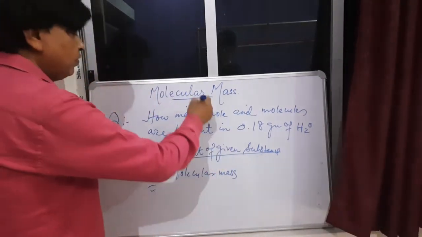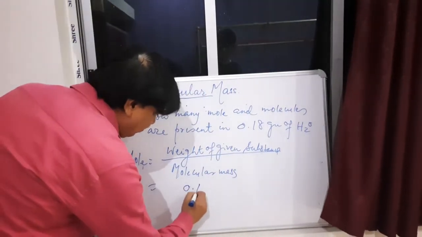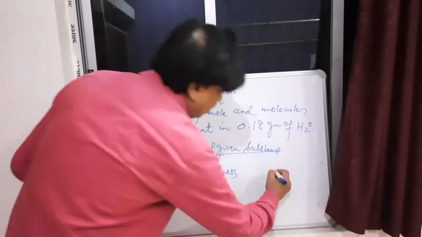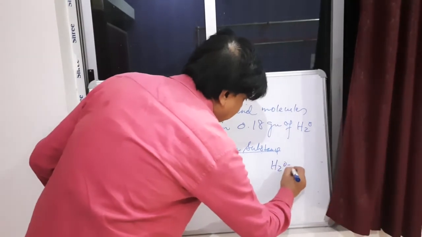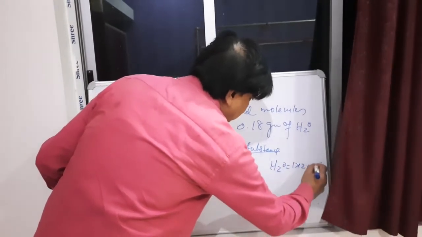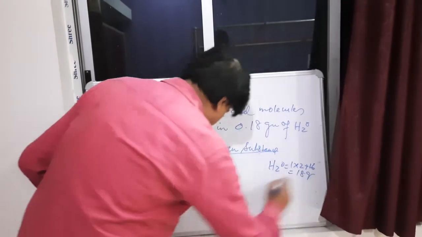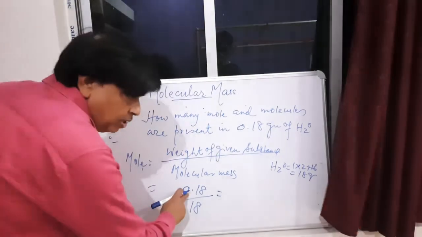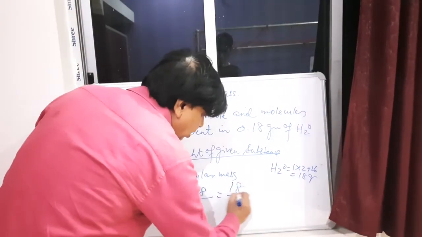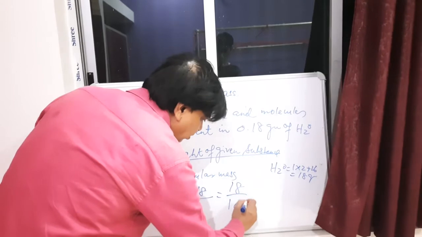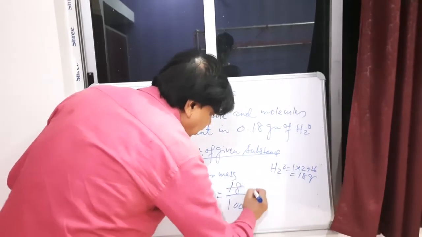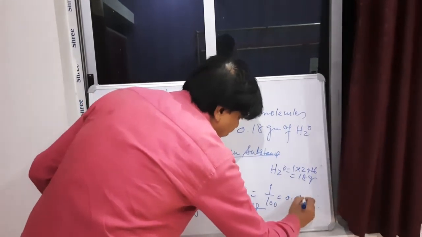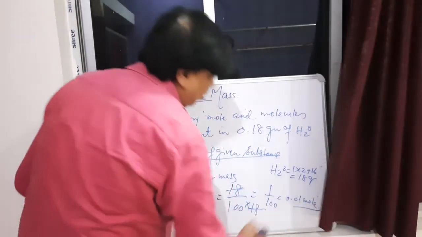Here the weight of the given substance is 0.18 gram, and the molecular mass of water is equal to 1 into 2 plus 16, that is equal to 18 gram. So 0.18 divided by 18. If you remove the decimal, the 18 cancels with 18, that is equal to 1 by 100. 1 by 100 is equal to 0.01 mole. This is the mole, 0.01.